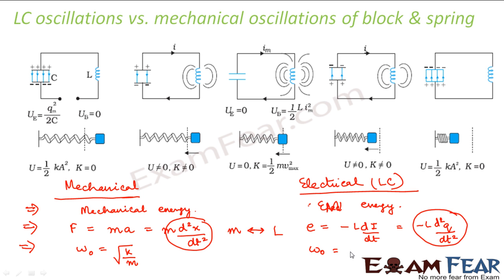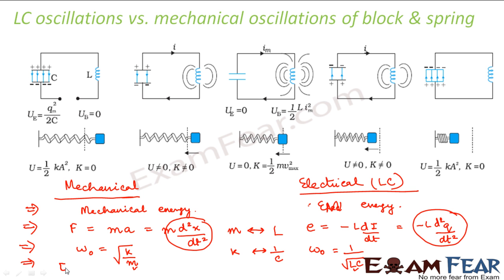Similarly, in the electrical circuit, the frequency is given by 1 by root over LC. So as I already mentioned, M and L are analogous. Similarly, the spring constant K is analogous to the reciprocal of capacitance in the electrical circuit.